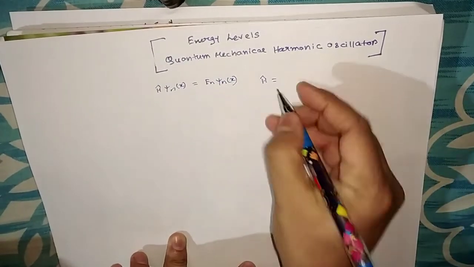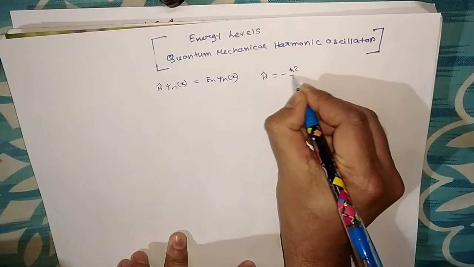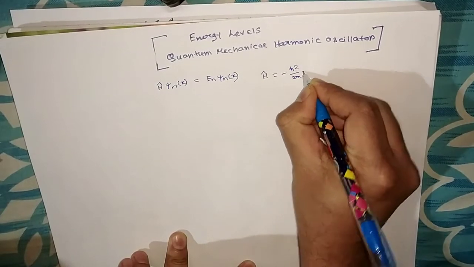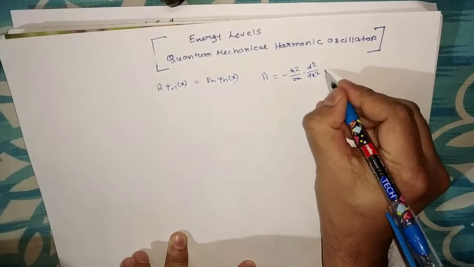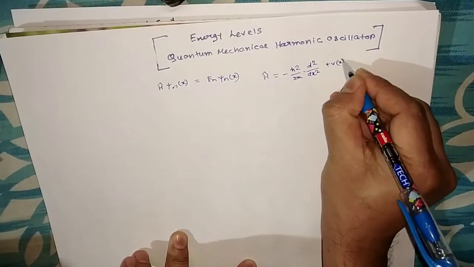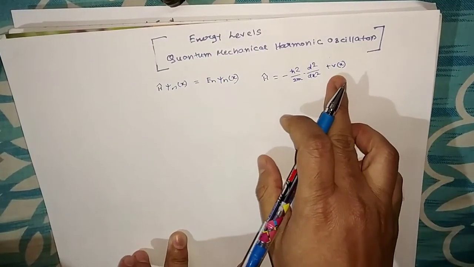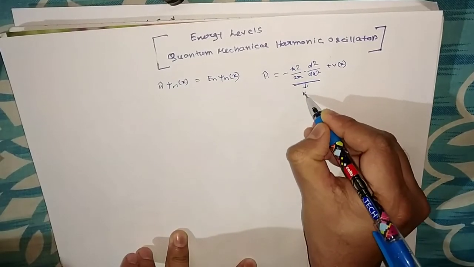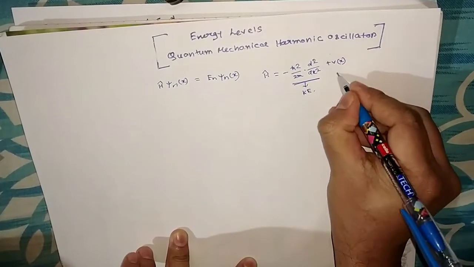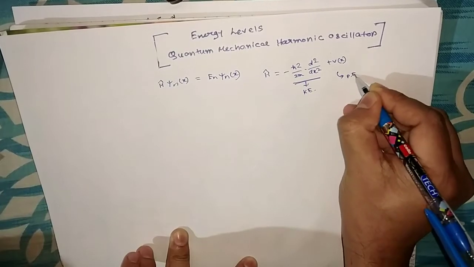The expression of the Hamiltonian operator is minus h cross square by 2m, second derivative with respect to x, plus V(x). V(x) is the potential operator. So this portion is the kinetic energy operator, and this portion is the potential energy operator.